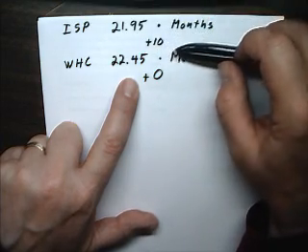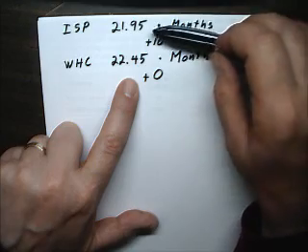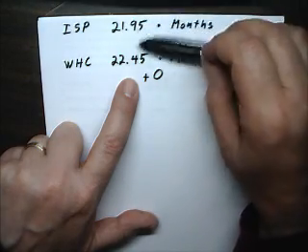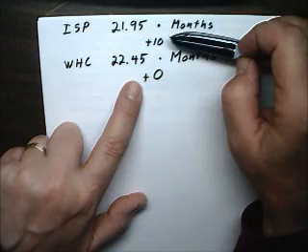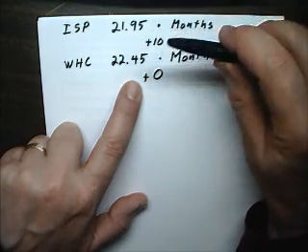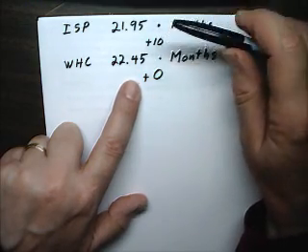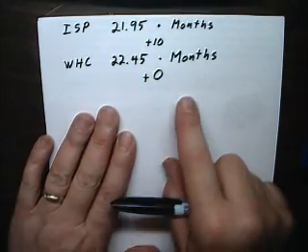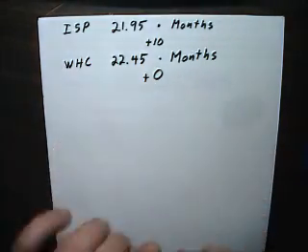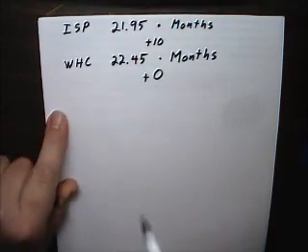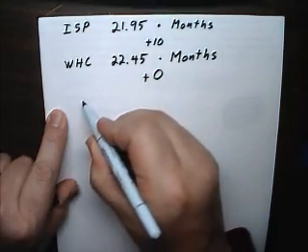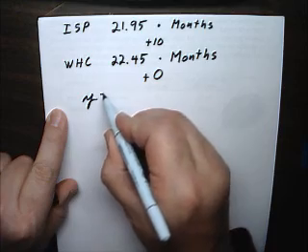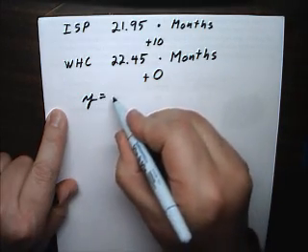And we have to figure out the number of months when these two costs will be exactly equal, so that you can make a decision to see which is the better buy for your company. So what I've written here, I think, are pretty much the equations. The cost for the ISP, I'll call that y, and I'll call the number of months x.